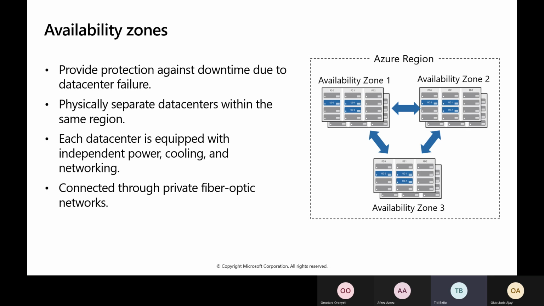Now what it means is I have so many data centers within a particular region, and I group them into zones, so that even while one data center is backing up the other, I can say these 3 data centers here, or these 2 data centers here, are also a backup for another group of 2 or 3 data centers.